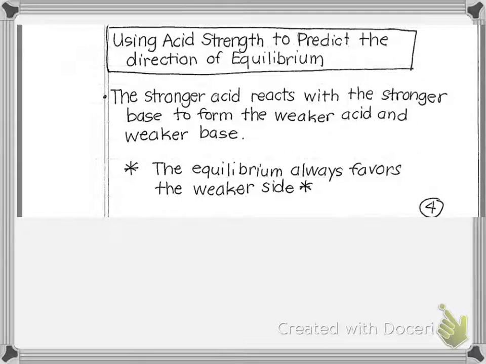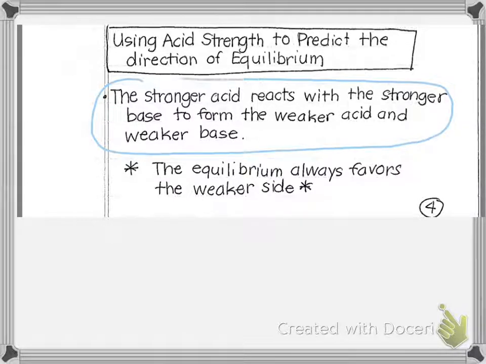Well, the strength of the acid helps us to determine if an acid-base reaction will favor the reactants or the products. Here's the overarching idea. The stronger acid reacts with the stronger base to form the weaker acid and the weaker base.